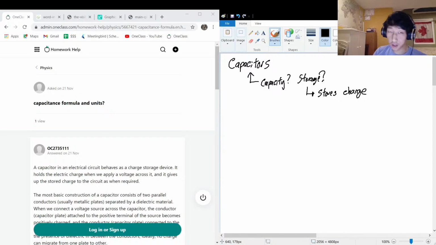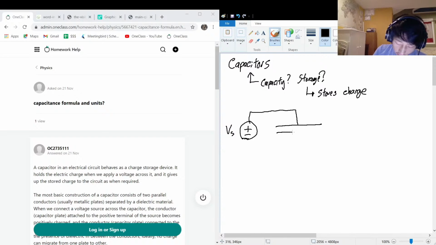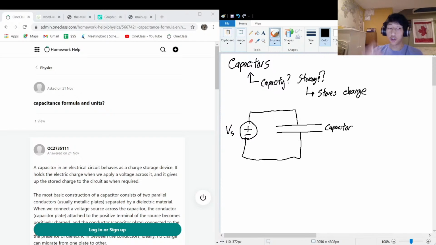Now, what do capacitors look like? Suppose we have an electric circuit like this. Maybe we have a voltage source, V. And capacitors look like this. They literally look like this because they are like two parallel plates that are not quite touching.